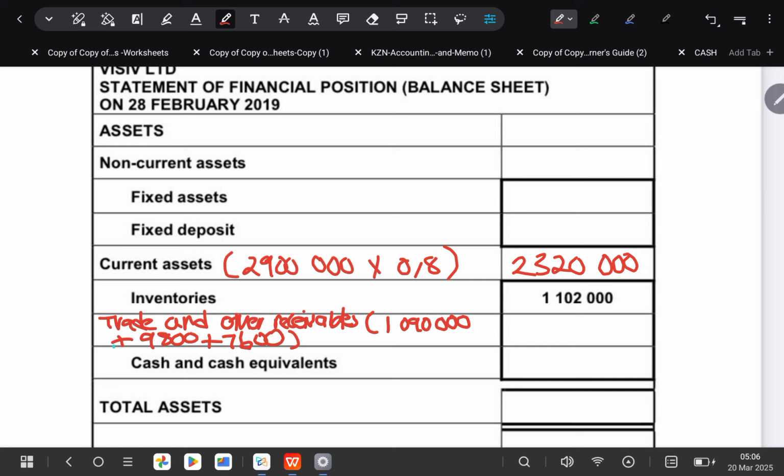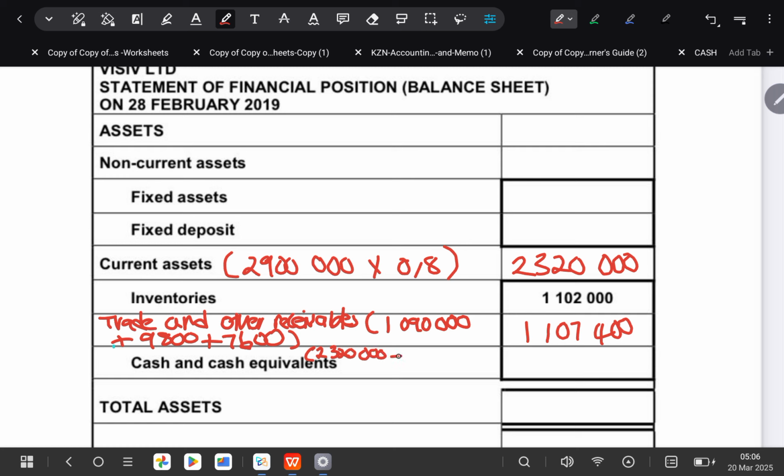So trade and other receivables, if you say 1,090,000 plus 9.8, and then also plus 7.6 is going to give you 1,107,400.